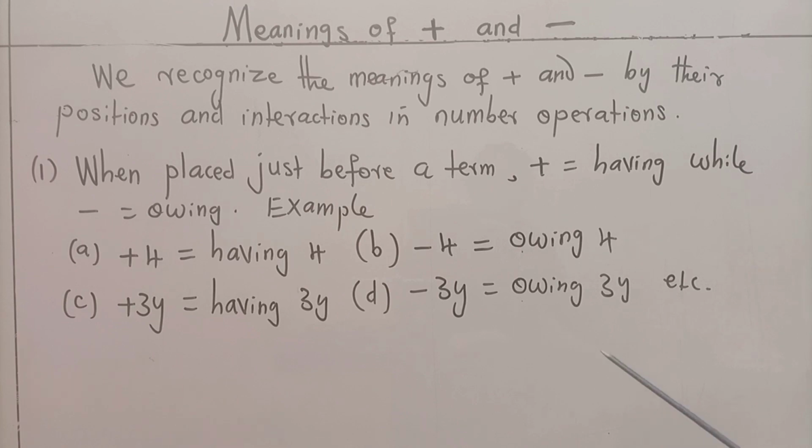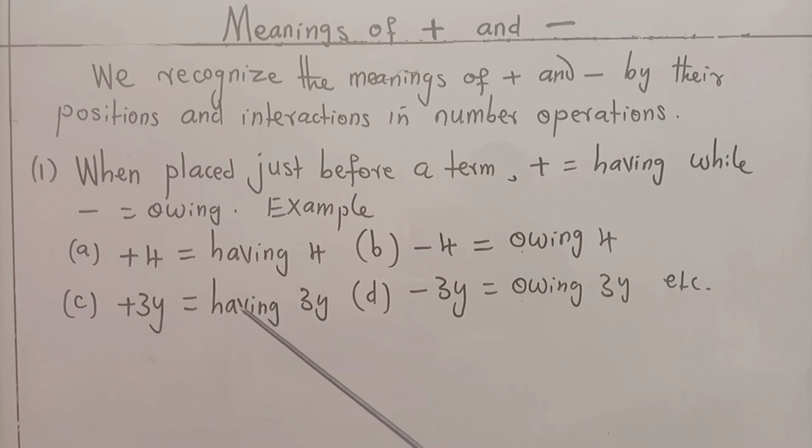Let's make progress. What about this one? Plus 3y. Nothing separates this plus from 3y. Not even a bracket does that. If it had done that, a different meaning would have been obtained from it. But because nothing separates this 3y from plus, the plus is simply telling the 3y that it is what you have.